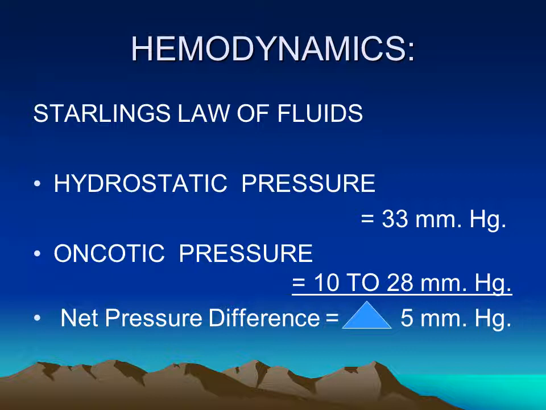There are forces that control where the water goes. Hydrostatic pressure within the vascular is anywhere between 33 and 35 millimeters of mercury. Oncotic pressure is anywhere between 10 to 28 millimeters of mercury, with a net difference of approximately 5 millimeters of mercury. Now, the lungs are a low-pressure system, and the systemic part of the body, a high-pressure system.